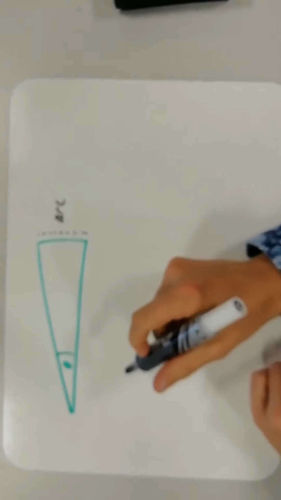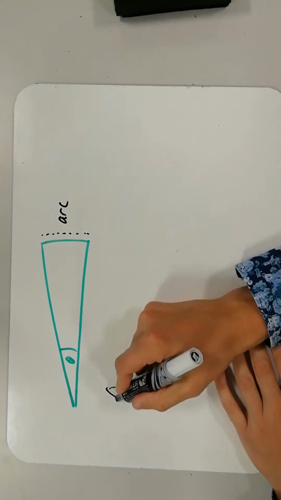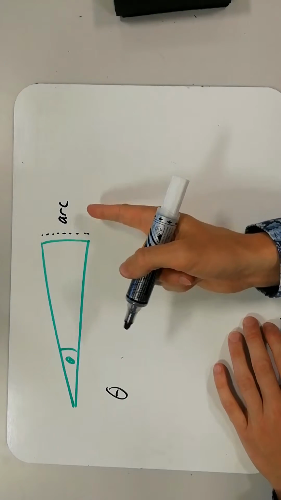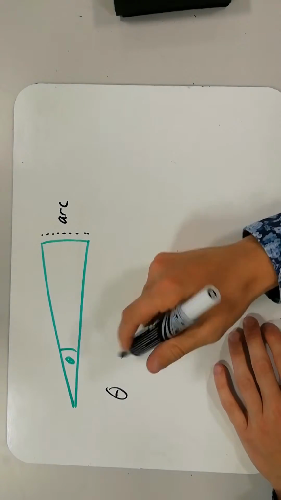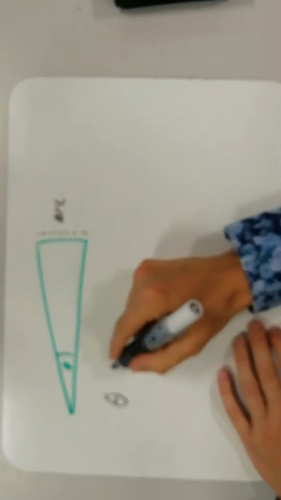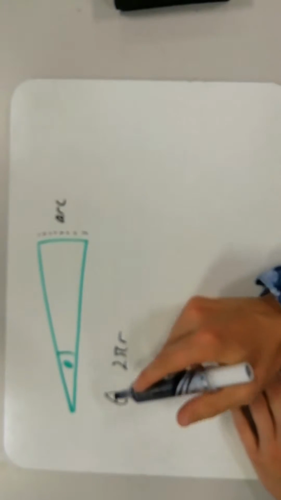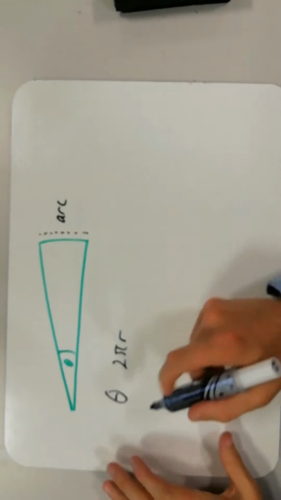If we're using degrees, we'll have to take this angle here, theta, and then we'd say, well, what would the circumference of the full circle be? That would be 2 pi r, and then we'd have to say, well, I only want that proportion of it.